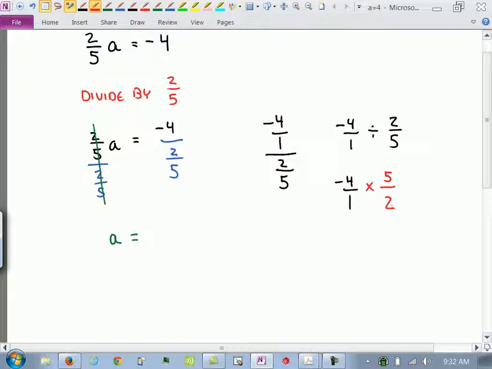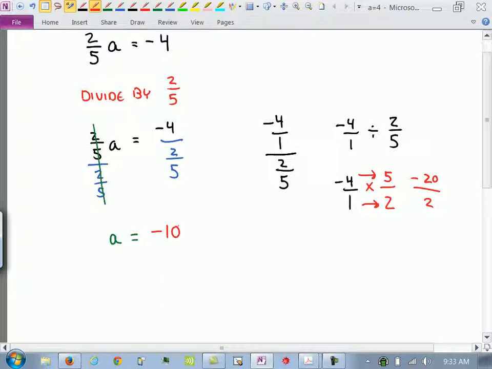And so with multiplication, now we just go straight across. So what is -4 times 5? -20, right? And then what is 1 times 2? 2. And what's -20 divided by 2? -10. So the left side becomes A, and the right side becomes -10.